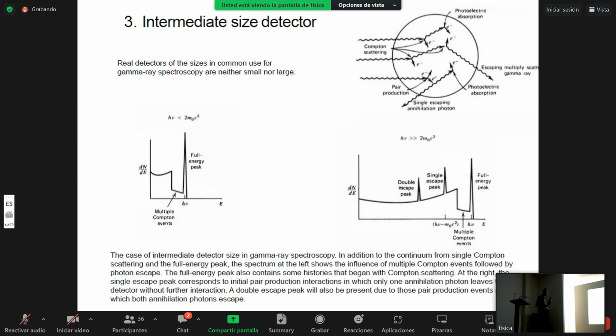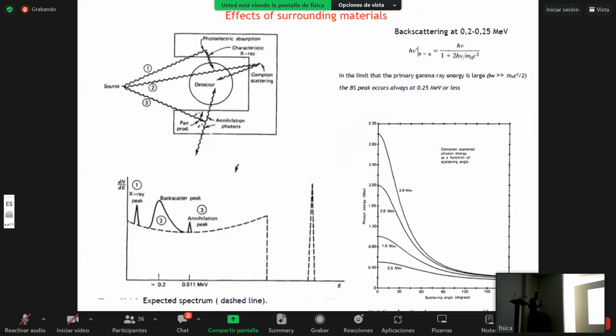In our gamma ray spectroscopy experiments, we have pictures like this, or like this, but in reality, this is an ideal picture.